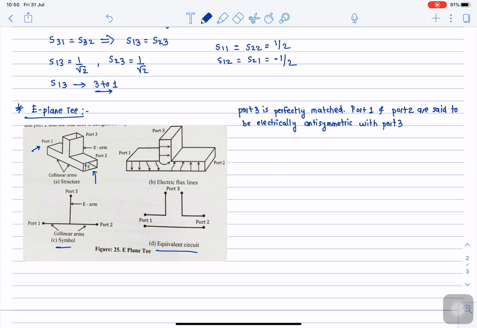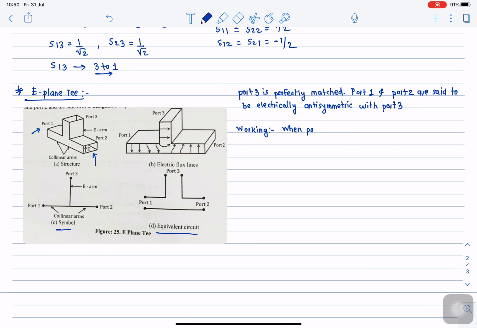Okay, so how does it work? What is the working of this particular junction based device? The working is similar to H plane T. Power is fed at port 3.